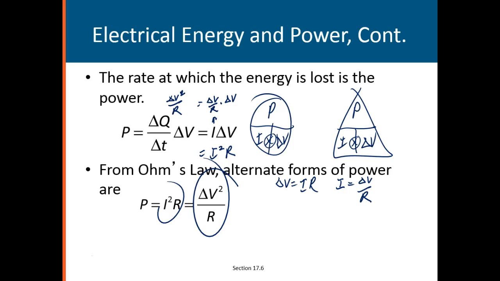Power is equal to IV, power is equal to I squared R, or power is equal to delta V squared over R. Which means if you increase your voltage big time, or decrease your resistance big time, but the voltage has a higher potential for change, that's going to also increase your power consumption. Make sense?